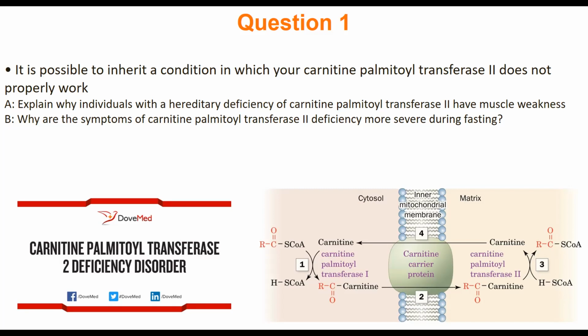And why are these symptoms more severe during a fasting condition? Based on the information we just talked about, take a minute, think about that, and then I'll come back with the answer. So use this time to review and make sure you understand all the information that I went over, and I'll go over the answer in a minute.